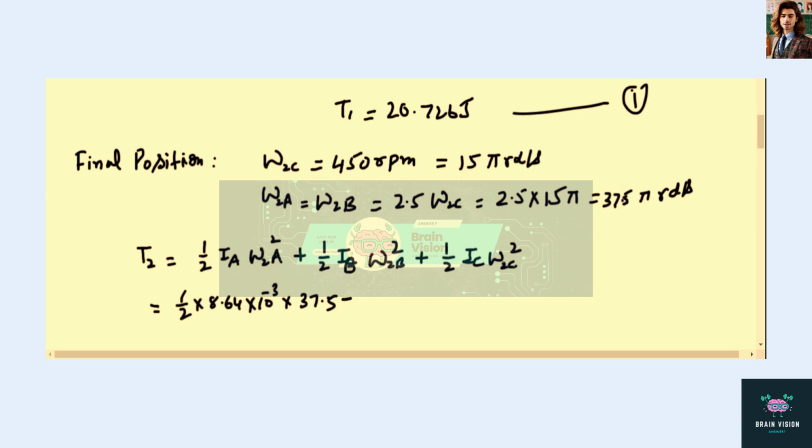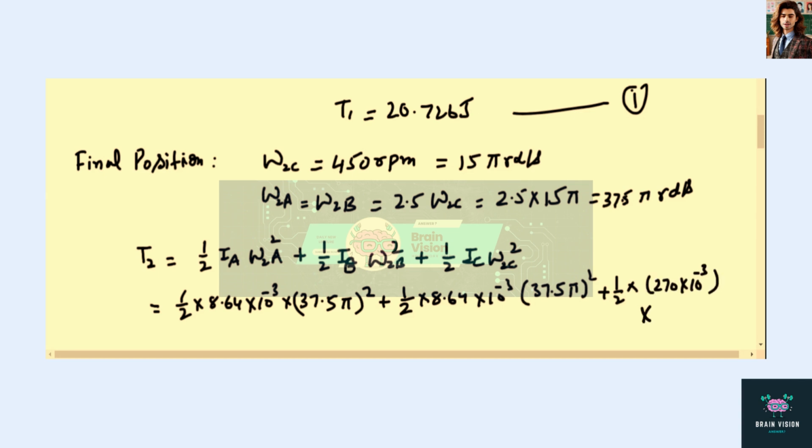Same for B. Half IC, 270 into 10 to the power minus 3 into 15 pi whole square. So this is the total final kinetic energy of the system.